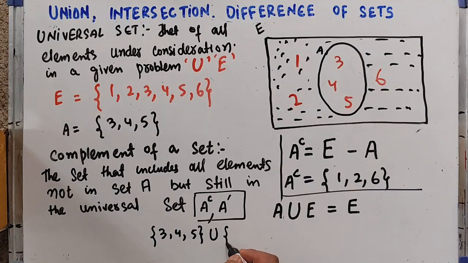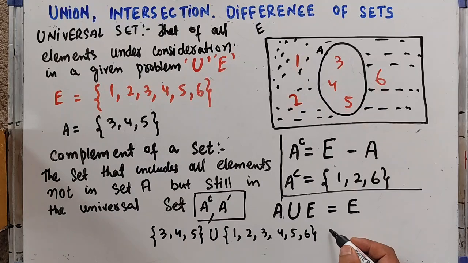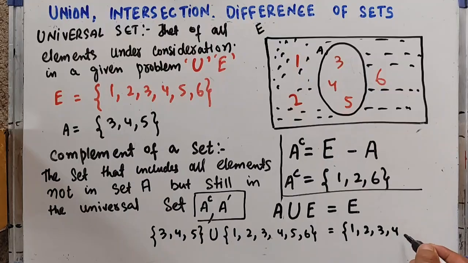Now the union with the universal set, which contains 1, 2, 3, 4, 5, 6, will give us the set of all elements which are present in set A, or in set E which is the universal set, or in both. So here it will be equal to 1, 2, 3, 4, 5, 6. So again we get the universal set. So A union the universal set gives us the universal set in return.